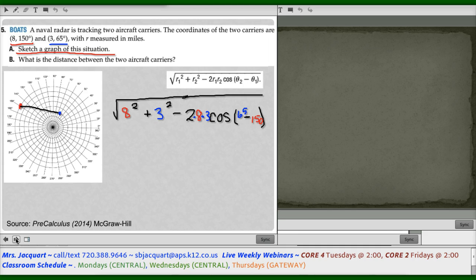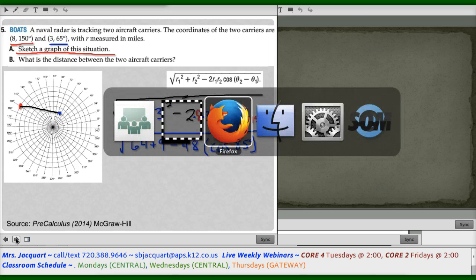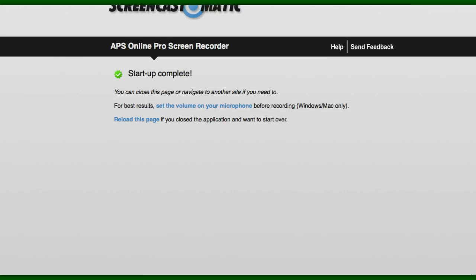All you have to do is go use your super cool calculator. So this is 64 plus 9 minus 2 times 8 times 3, which is 48, cosine 85. Oops, that matters. Negative 85. So let's go to a cool calculator. You ready? This one's a cool calculator. I have the wrong spot.